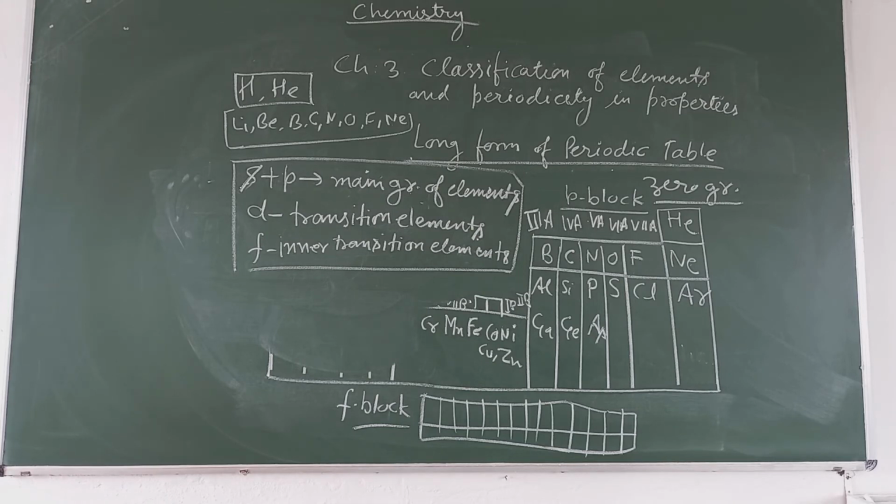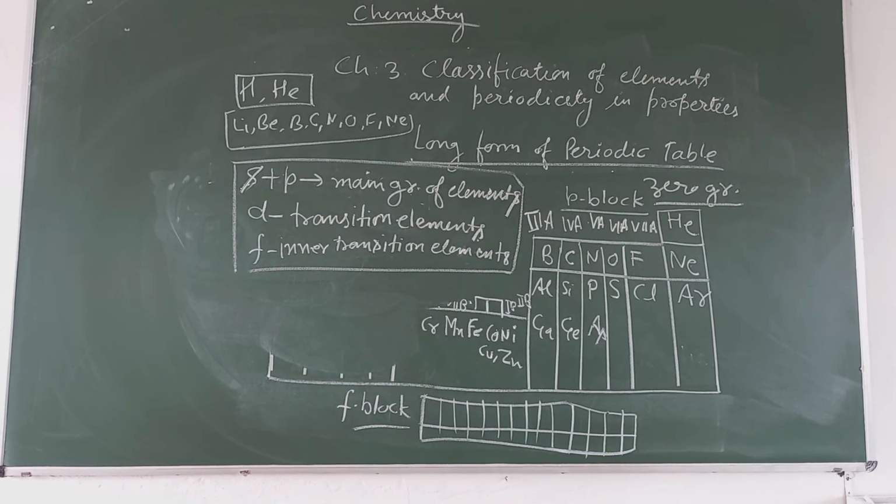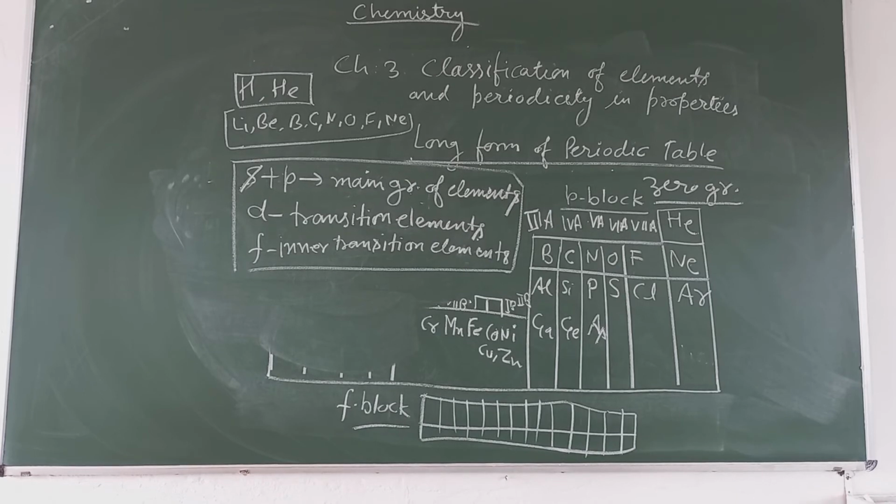These are the d block elements and their properties. The f block elements are metals, and they are also known as rare earth elements. All the elements of the actinide series are radioactive elements.